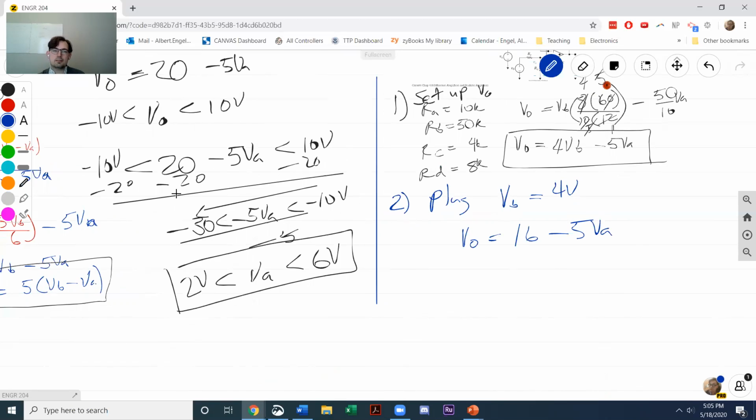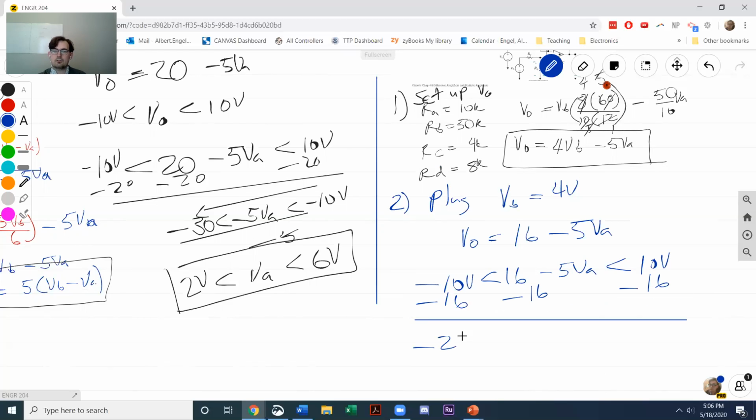And I know that I want this to be between negative 10 volts, that's my negative VCC, and my positive 10 volts, that's my positive VCC. And then I will just simplify. So I'm going to subtract 16 from everything.